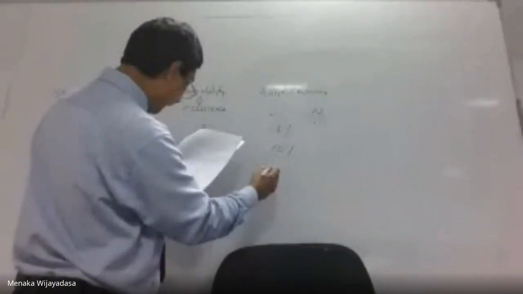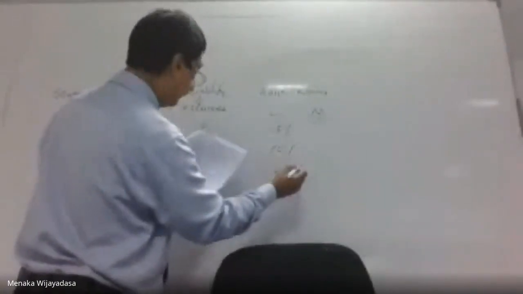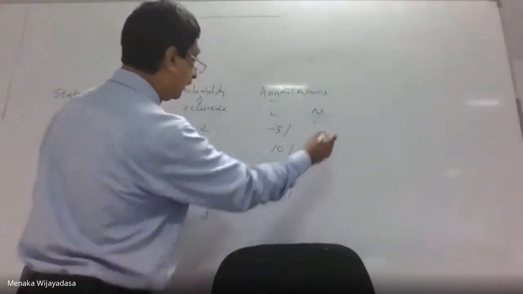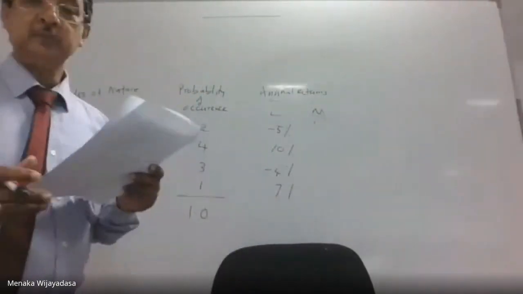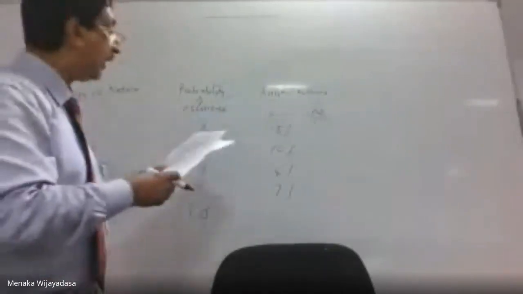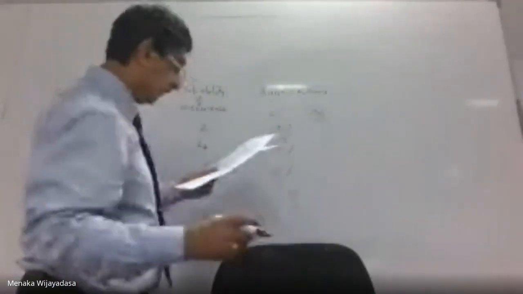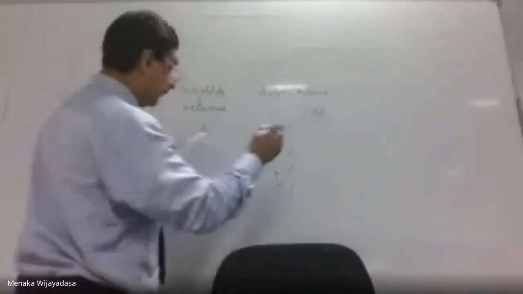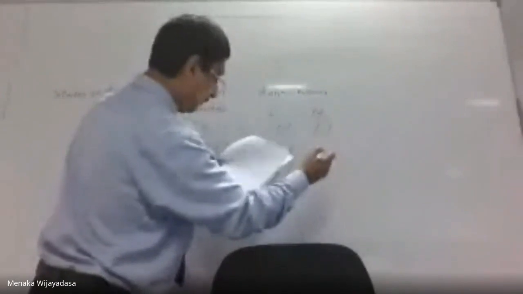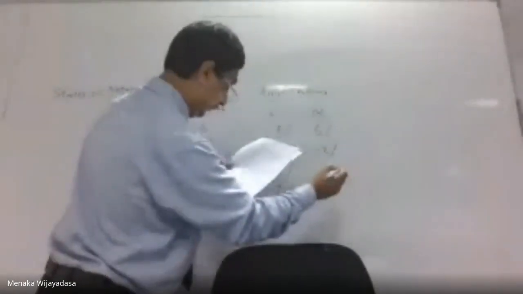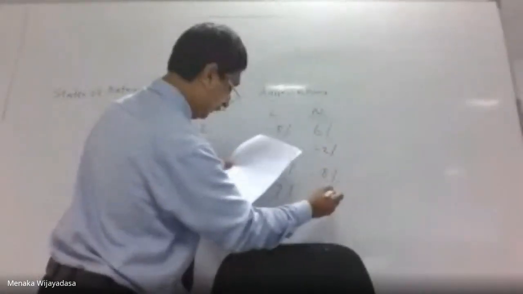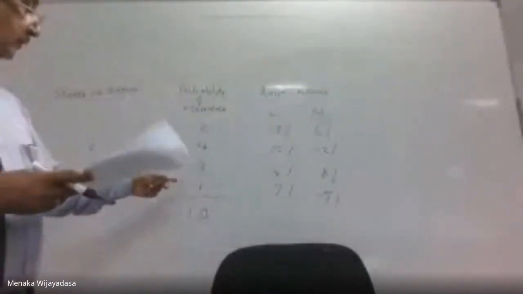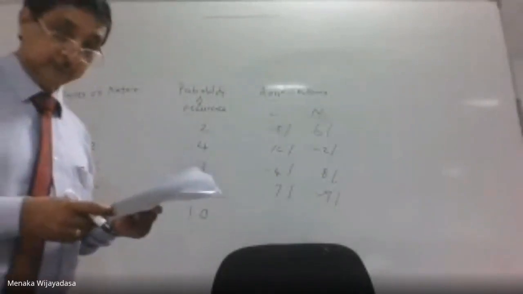With the third state of nature, it is -4%. With the fourth state of nature, it is 7%. Now for M, there are also 4 returns which can arise with the probabilities of occurrence: 6%, -2%, 8%, -9%. These are the data given.